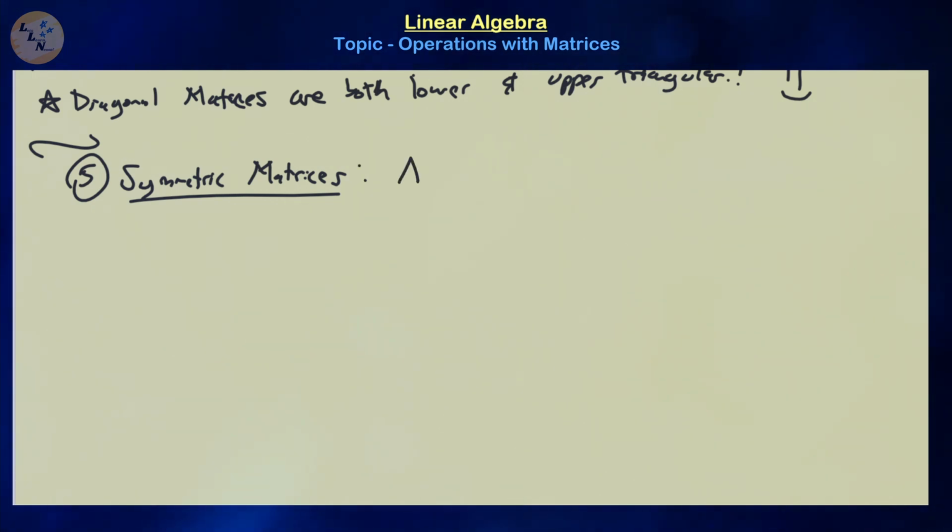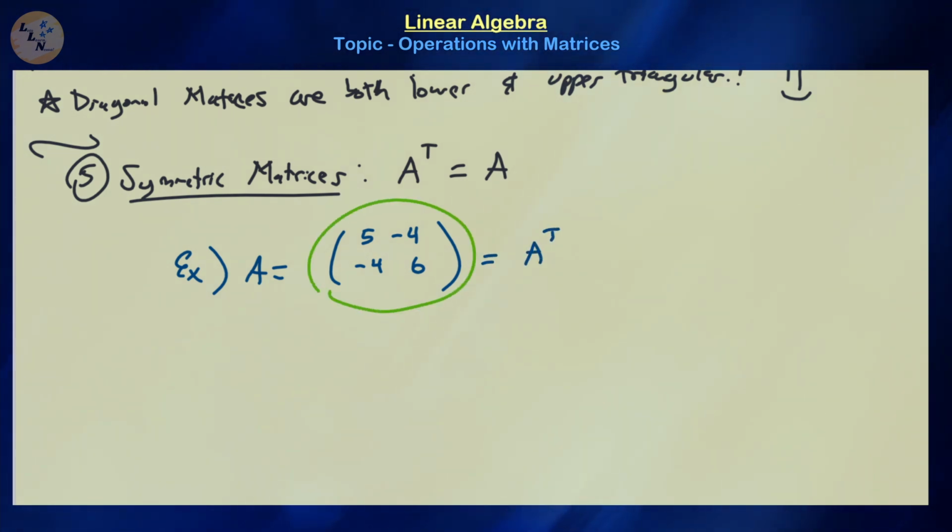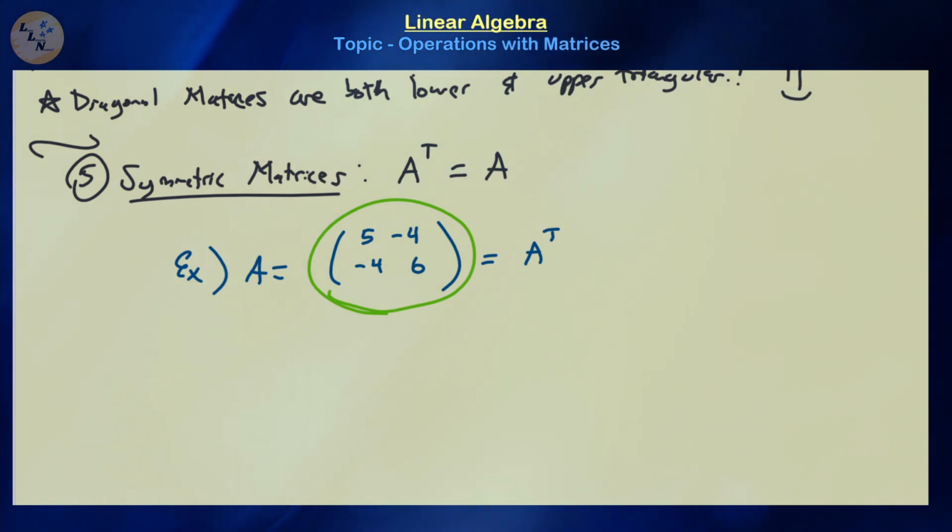And these are matrices that satisfy A transposed must be equal to A. So a very basic example, if you look at the matrix A, which is 5, minus 4, minus 4, 6, and look at its transpose, they are actually equal to each other. Therefore, this matrix is what we call a symmetric matrix. And you can try and think about some properties that symmetric matrices always have, because these are definitely going to come in handy later as well.